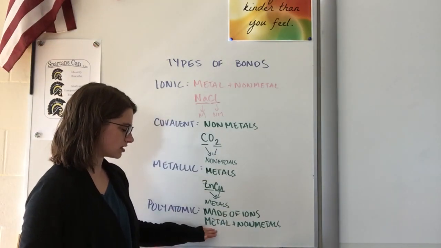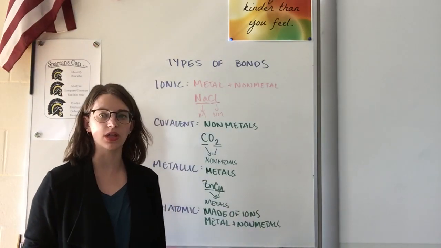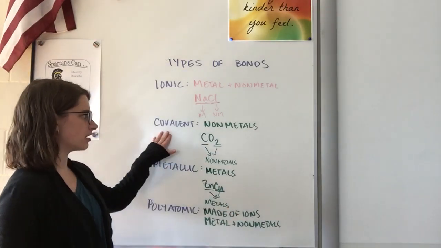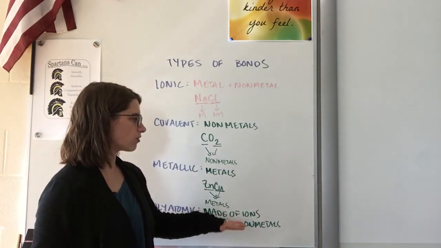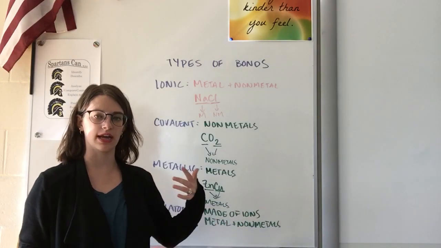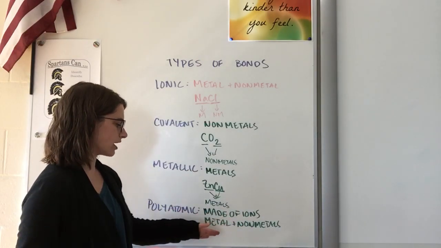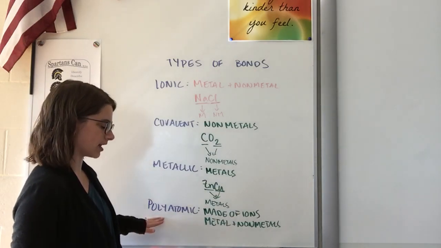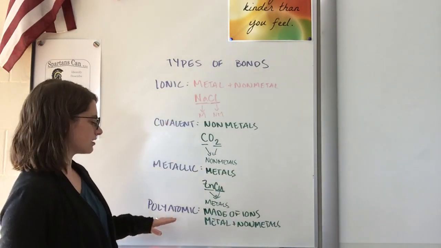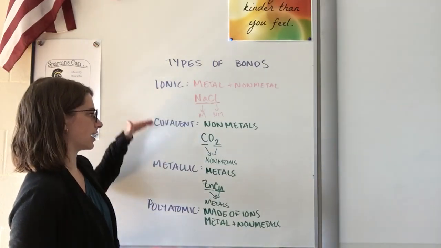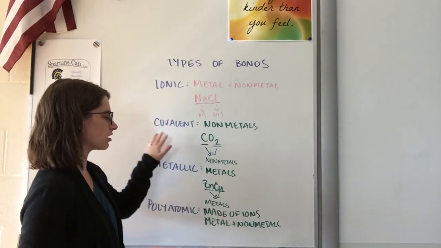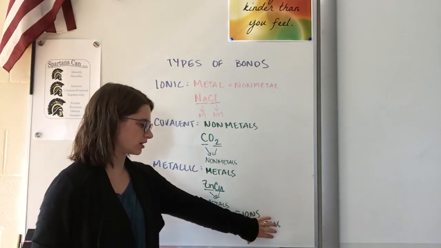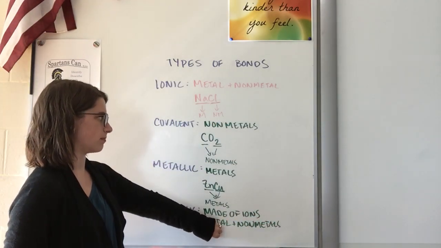Okay, so it's going to have at least one metal and it's going to have multiple nonmetals. Those multiple nonmetals together are going to bond covalently, but they're overall going to have a charge, which makes them an ion. And so when they join then with a metal, it's going to form a polyatomic compound. So that's kind of our blend of our ionic and our covalent, because the nonmetal parts are going to be bonded covalently, and then that all together as one unit is going to be bonded to a metal.